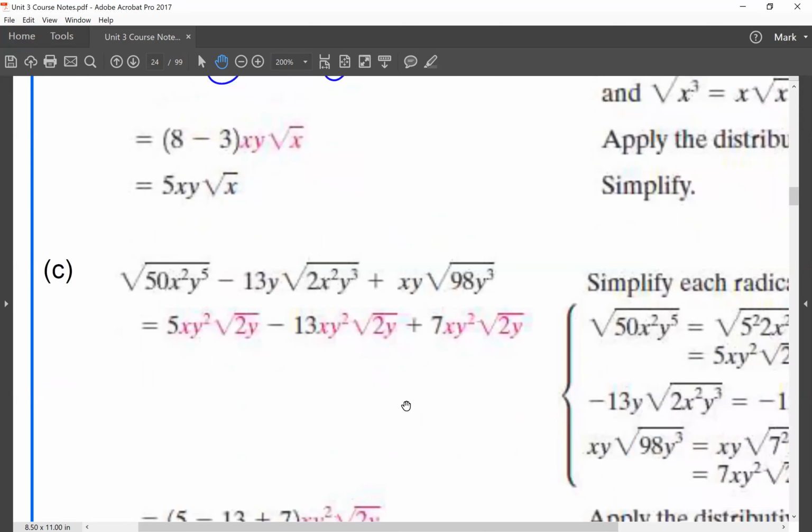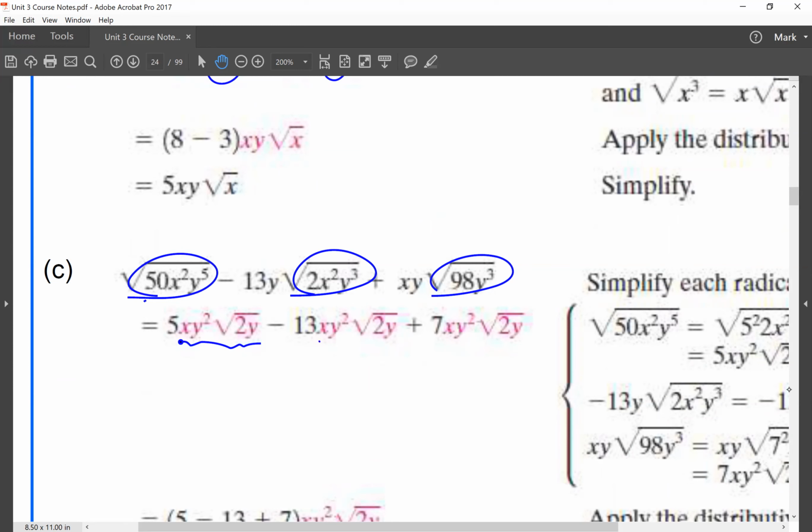So question C, obviously a challenging one. Nothing here looks to be the same, but what happens is we can simplify all of these root signs to be xy squared root 2y. Every one of these can be simplified to be xy squared root 2y.